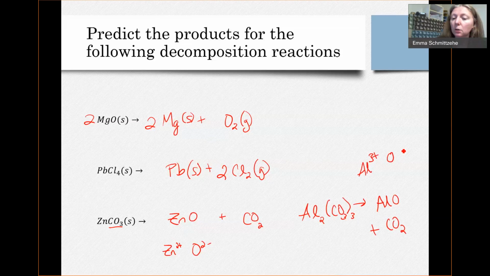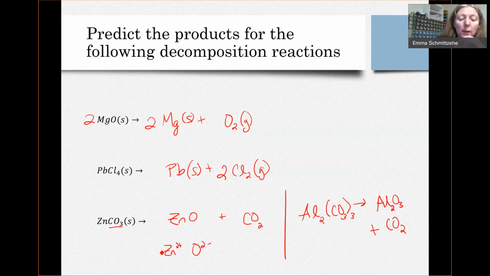And so we actually would need 2 aluminums and 3 oxygens for that aluminum oxide. And so you do have to be a little bit careful when you're doing this. Make sure if you're creating some ionic compound that the charges make sense. The charges balance to a neutral compound.